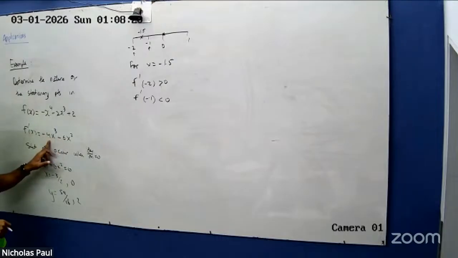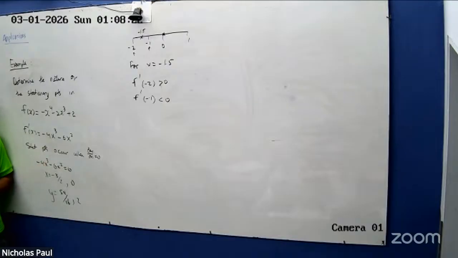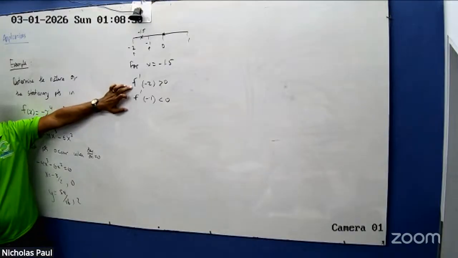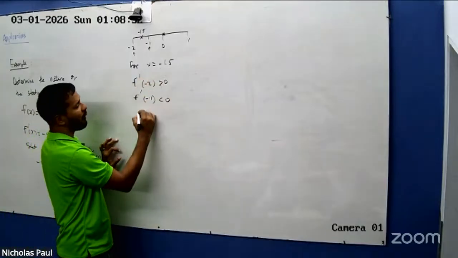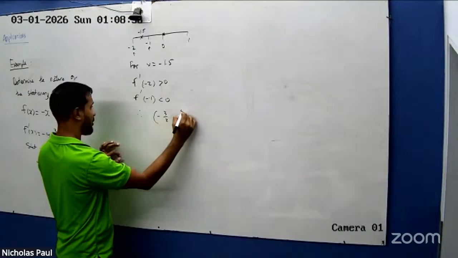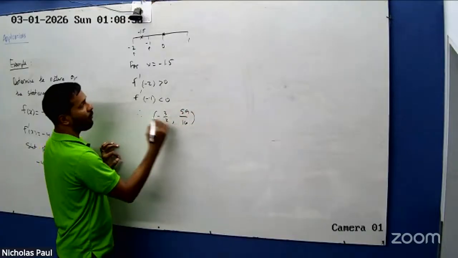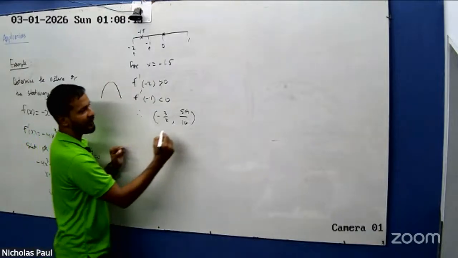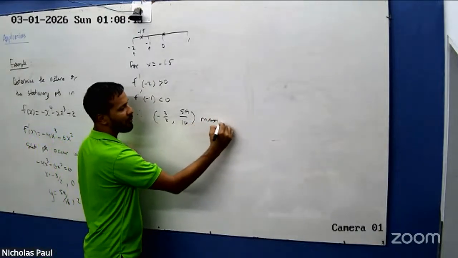This one looking like less than 0. What do I get for this? More than 0 with minus 2. Yeah? So therefore, this point is what? Right, it went from more than to less than, so it appears to be a maximum.